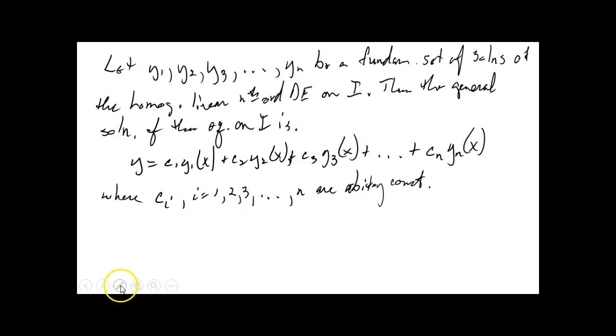Here are two functions. y1 is equal to e to the 3x, and y2 is equal to e to the minus 3x. They didn't tell you how they got them.